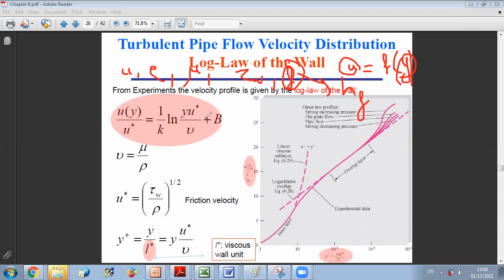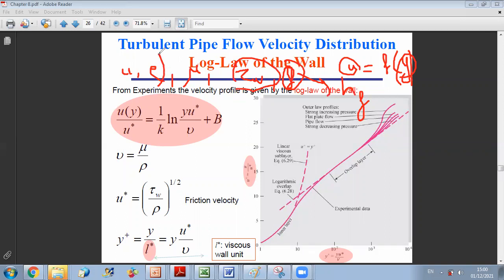Now to define a velocity parameter without dimension, you can demonstrate that it can be related to the shear and to the density of your flow. I want you to practice this from chapter 7.